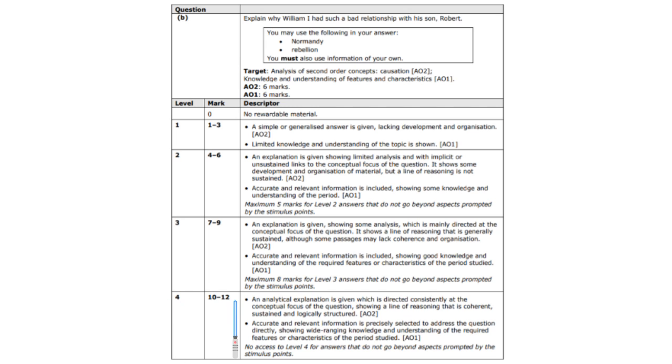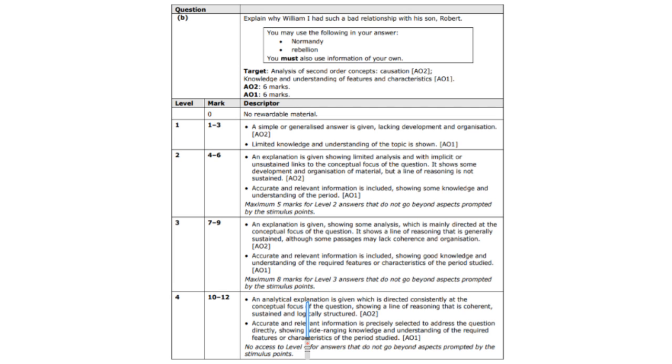To get 10 to 12 for a level 4, so between 10 and 12 marks, this is what you need to do. It's basically point, evidence, explanation, and very well linked. You've got to make sure that you have an analytical explanation. So you might have prioritized the paragraphs. You've put them in the order in which you were going to write them, so the most important at the top, least important at the bottom.